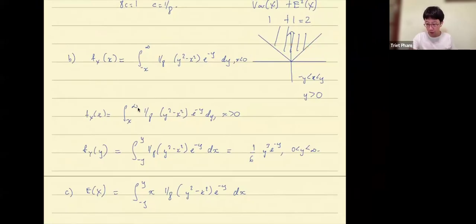Yes, correct. From minus y to y, for a fixed value of y. So what should this be?